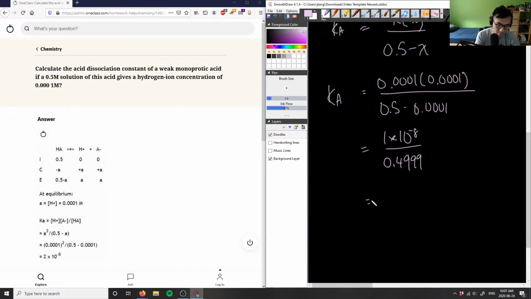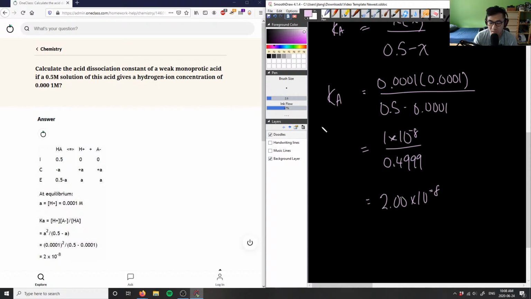So I have 1 times 10 to the negative 8 divided by 0.4999. This will give us a value of 2.00 times 10 to the negative 8. And this here is our Ka for our answer.